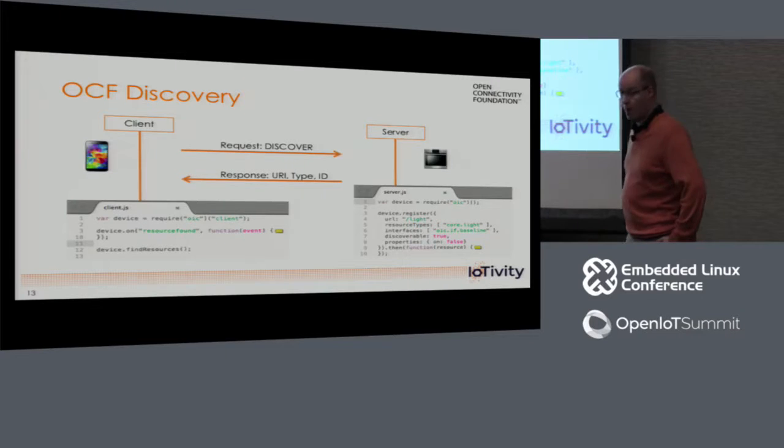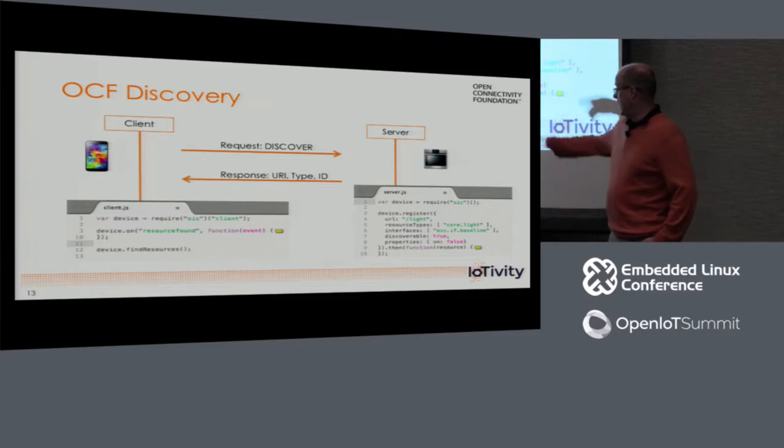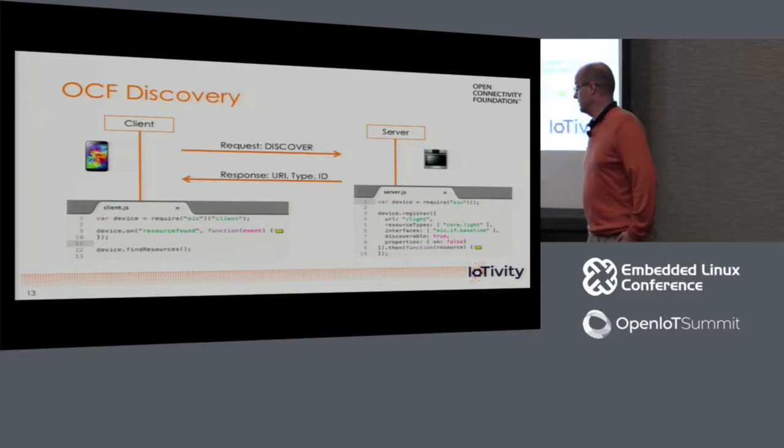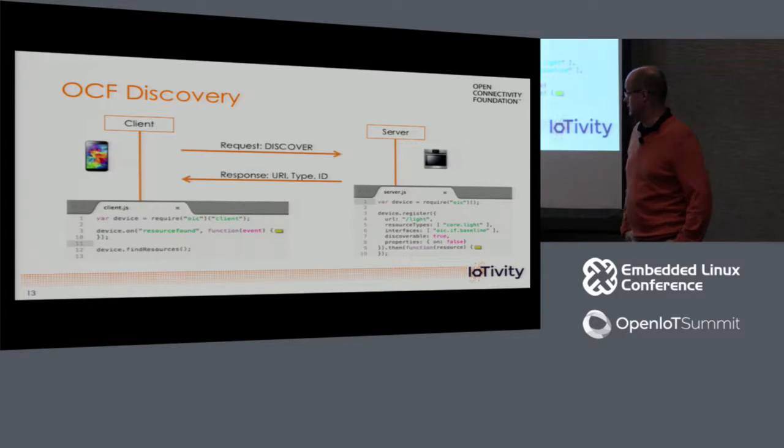We have this require mechanism, which includes external modules. So you include that, and you tell it, okay, I'm a client, I want to use it in client mode. Then you register your event handler for the resources found, and then you just issue the find resources. That's it. That's your discovery.